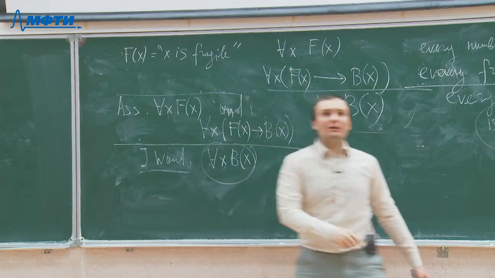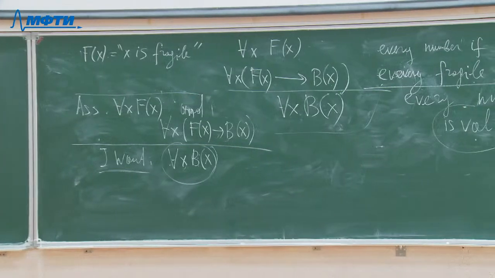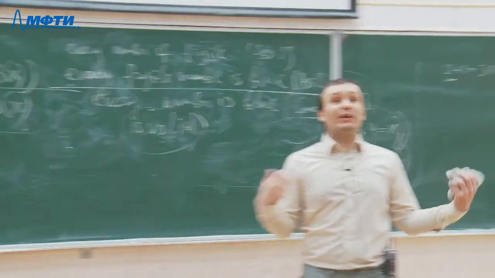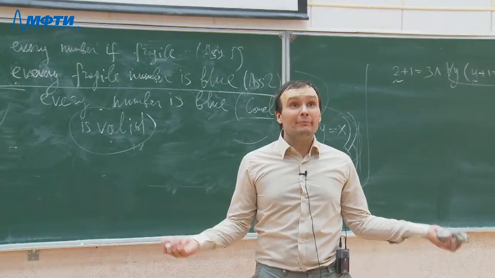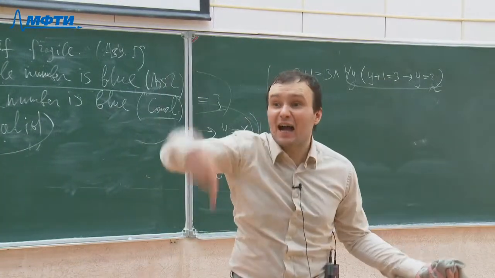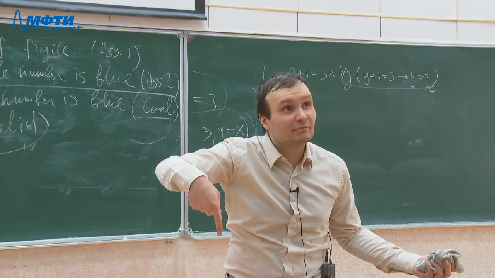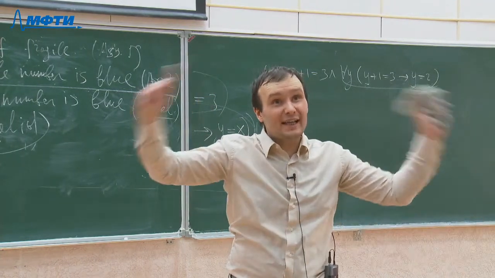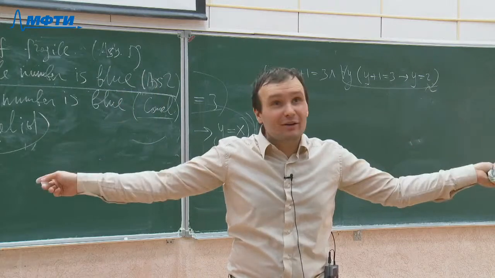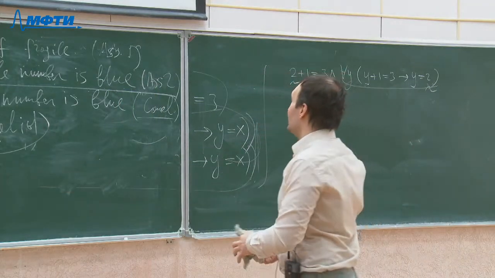In general, how is it possible to prove a universal statement that every number is blue? Let's consider an arbitrary number, prove that it must be blue, and then generalize.